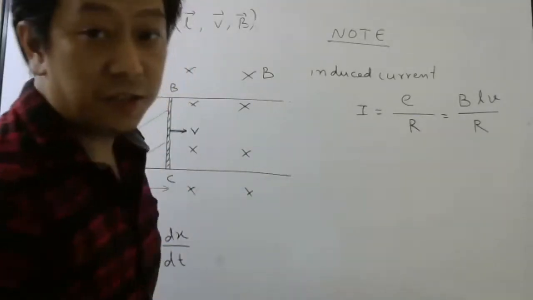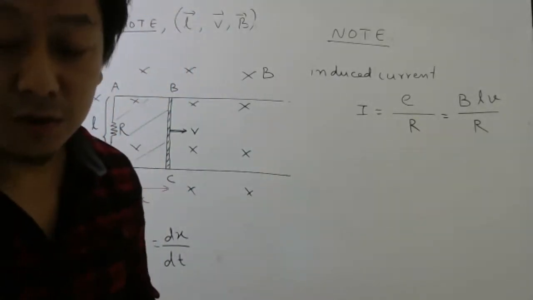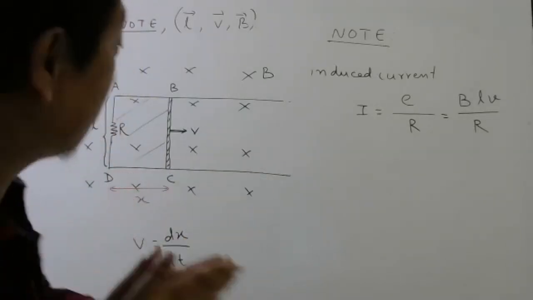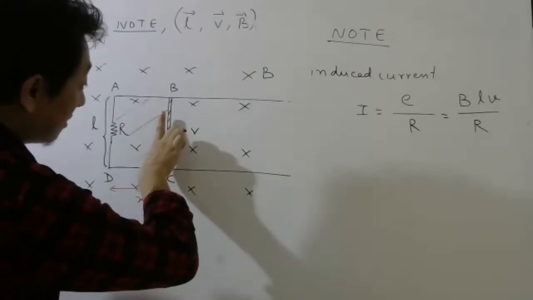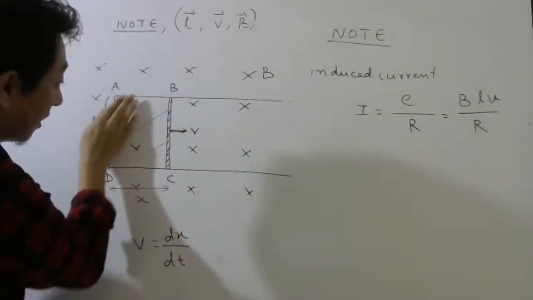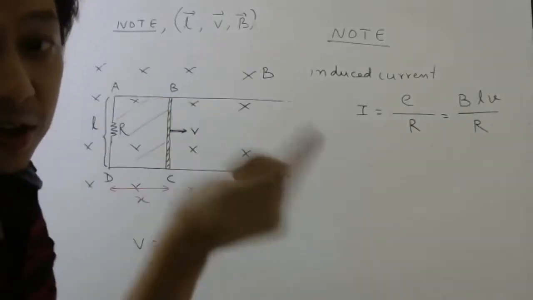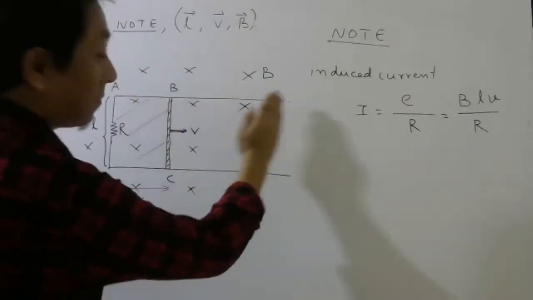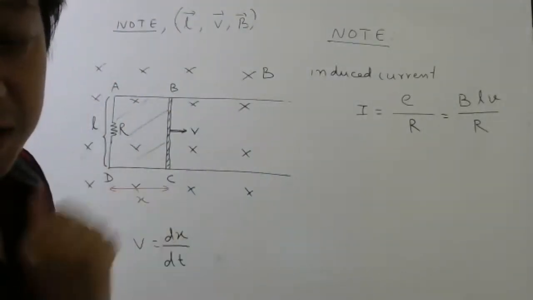What about the direction of the current? For that, we can use Lenz's law. So listen carefully now. Since this rod is moving that side, the flux here is increasing or decreasing? Since the rod is moving this way, is flux increasing or decreasing?